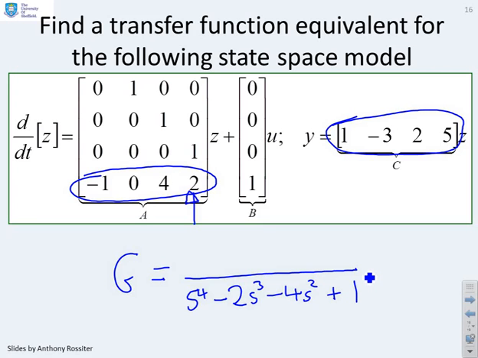So that's just reading those coefficients off the bottom row. And then in a similar way, the highest power comes from the right hand side on this C. So we're going to have 5s cubed plus 2s squared minus 3s plus 1. So if you know your control canonical forms, you get to a point where you can just write this down by inspection.